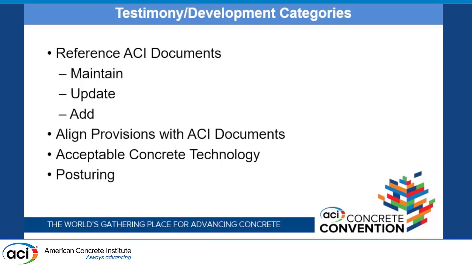It has to go through the ANSI accreditation process that ACI uses for its standards development. So there's other language related to concrete in the building code. So we try to align those provisions the best we can with ACI committee work by looking at other ACI documents, guides, and practices, just to try to make sure there's some alignment. And we can use all the help we can get with that part.